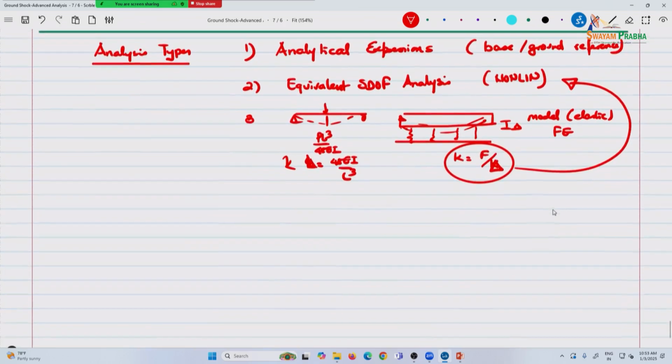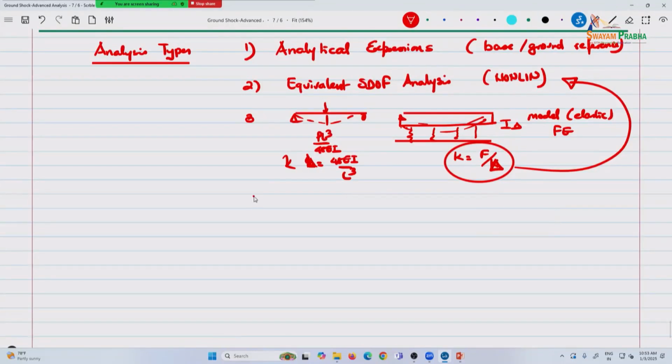Then the fourth one is advanced finite element analysis. There are many programs.